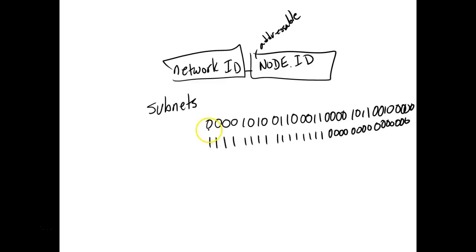So it means this right here identifies what network this computer belongs to, and this defines the computer on that network. So the first half is network ID, the second half is node ID? Yeah, and your route ID would be down in here.